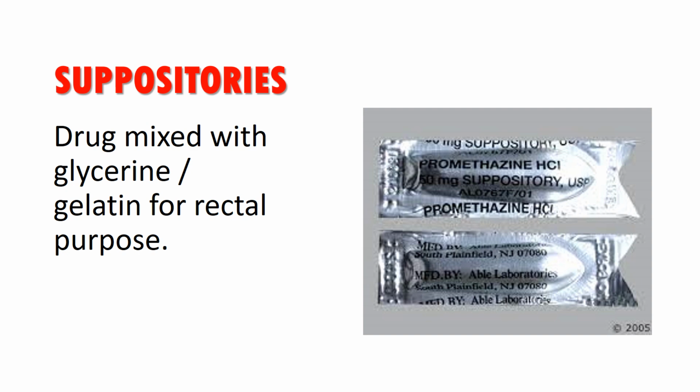Coming to suppositories, as I told you, this is a drug mixed with glycerin or gelatin for rectal purpose. The most classical example of a drug given rectally is paracetamol. In children who are very uncooperative for IM injection, we usually place a paracetamol suppository, and also in old people who have fever.